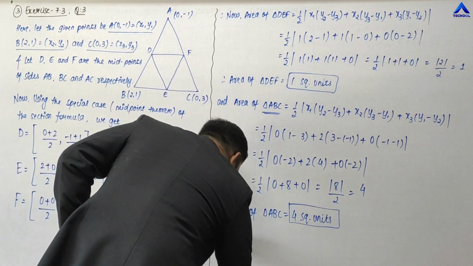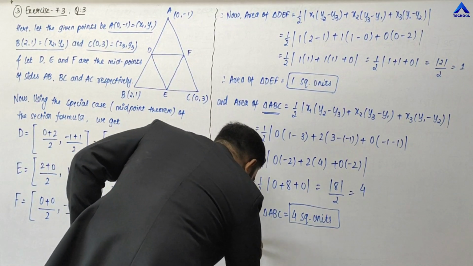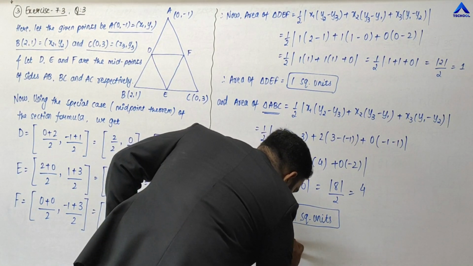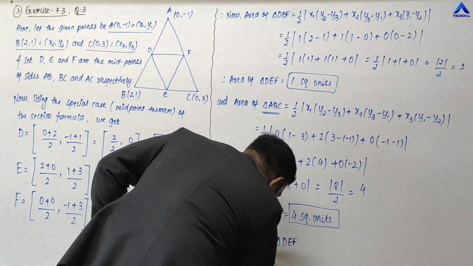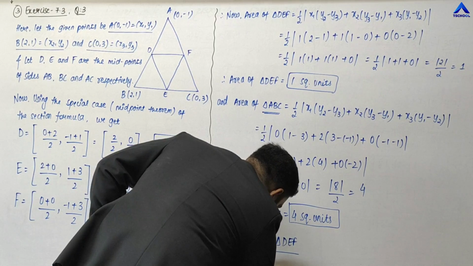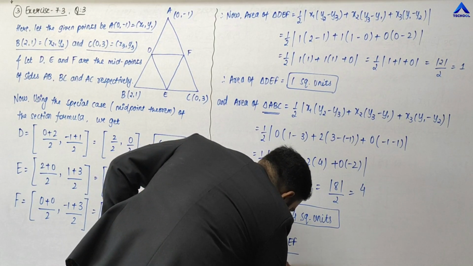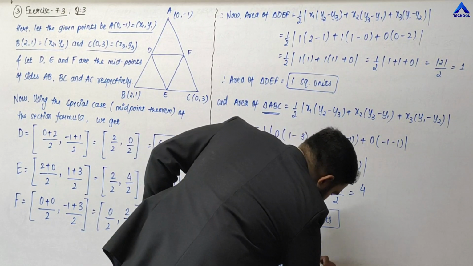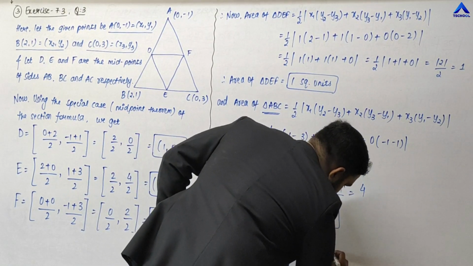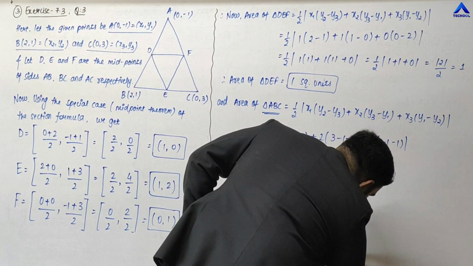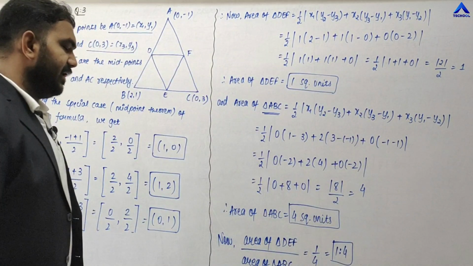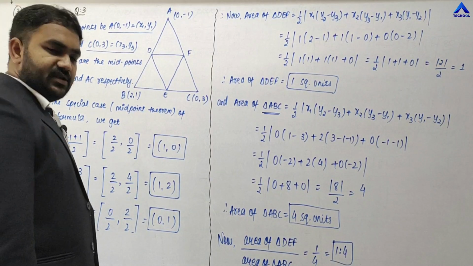Now lastly, area of triangle DEF upon area of triangle ABC is equal to 1 upon 4, that is 1:4. So the ratio we require is 1:4.